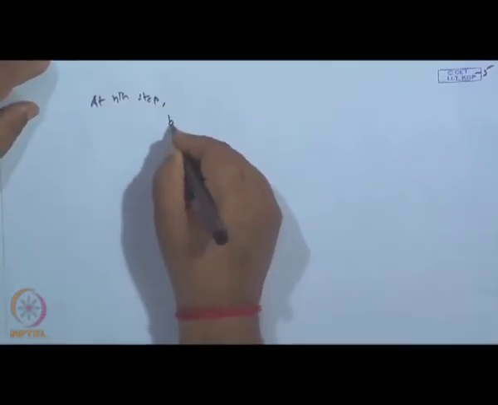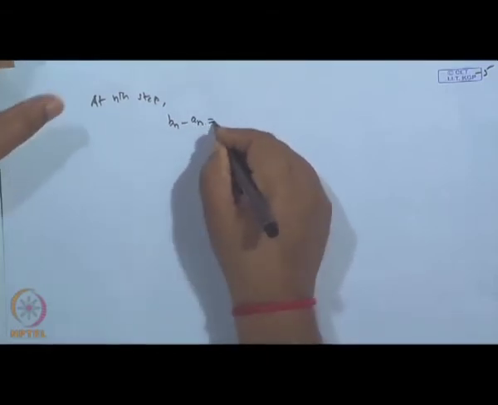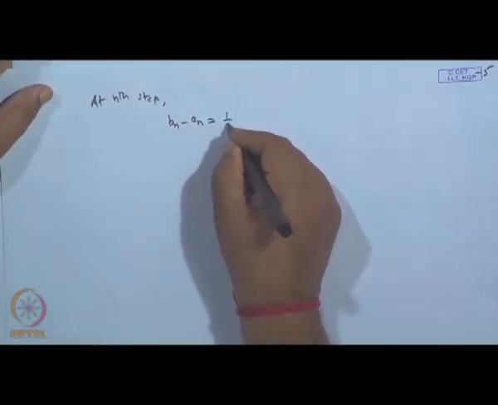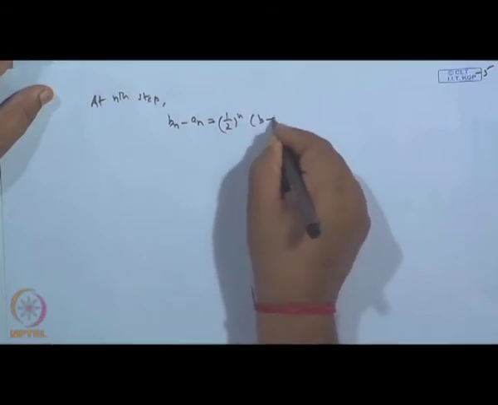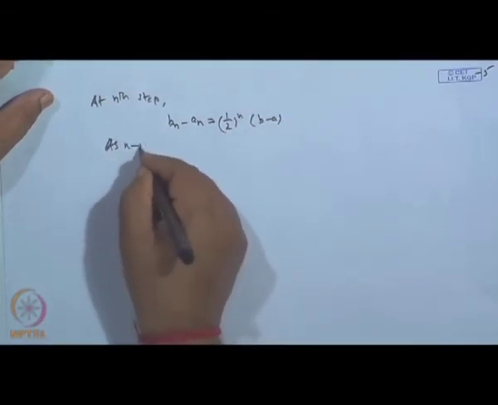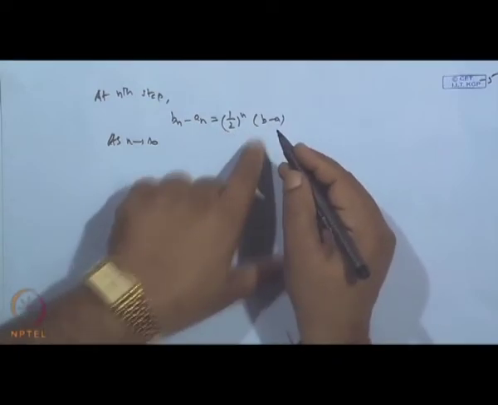step, the difference bn minus an will be (1/2)^n times (b minus a). So, as n tends to infinity, this difference is very, very small.